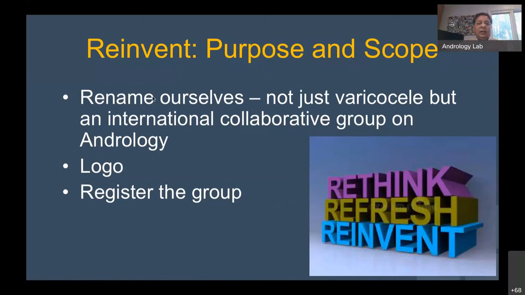So a name will be very useful, which will identify us. We will also think about a logo which will define us, and register the group. And this is something that was very important. Dr. Ramadan mentioned that we need to register our group when we are writing meta-analyses and other things. If we have a registered name for our group, that would be helpful.